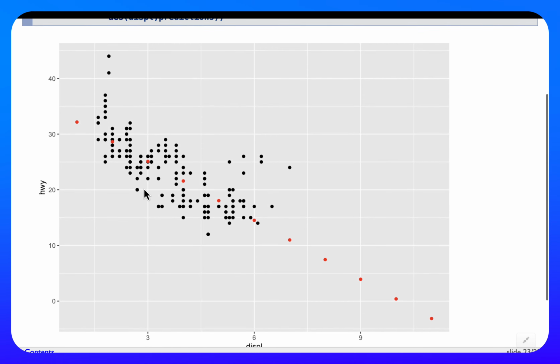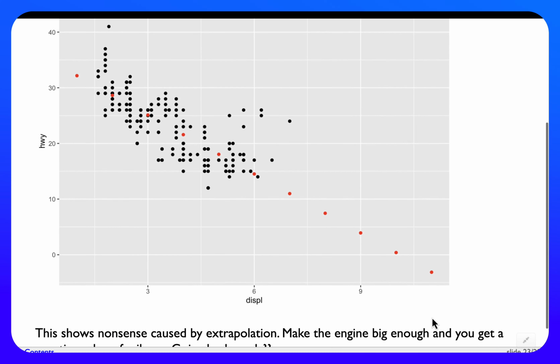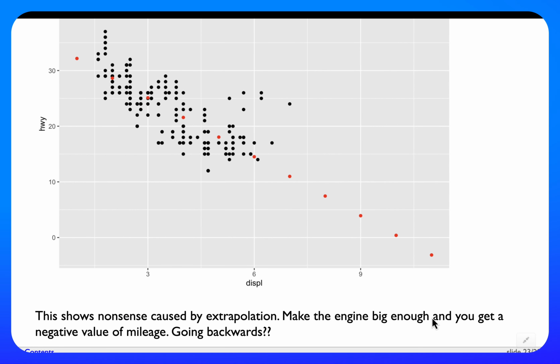So if we look at the graph, you can see basically the line, the linear model traced out by the red points. And then you see something kind of interesting. And this will always be true with a straight line with a negative slope. That is, if you go far enough to the right, it will eventually become negative. So this is the danger of extrapolation.